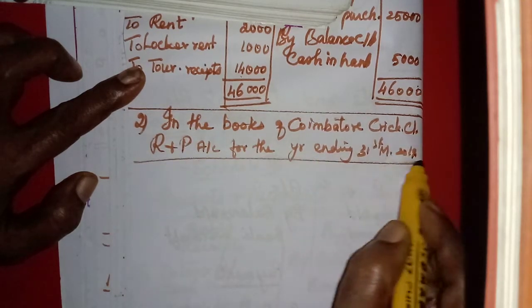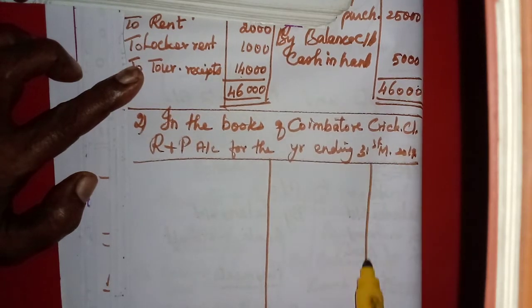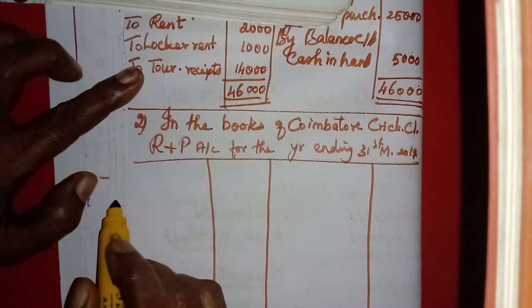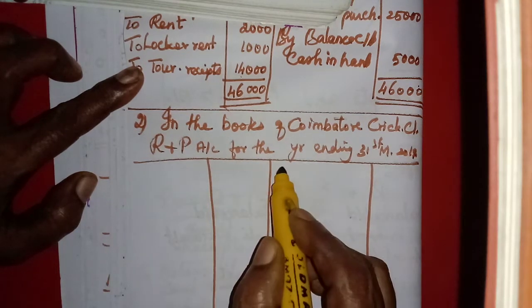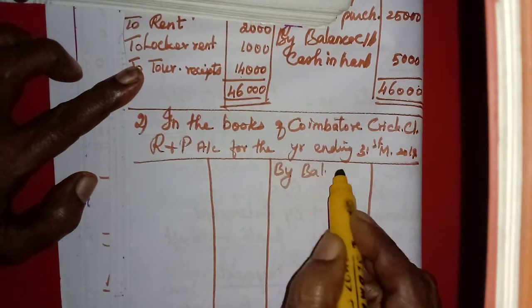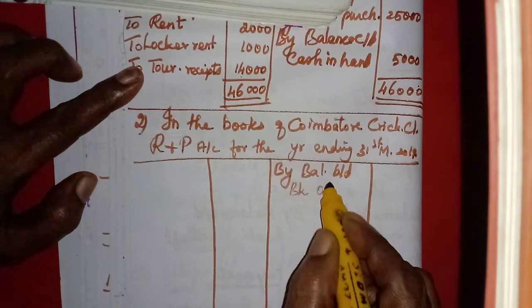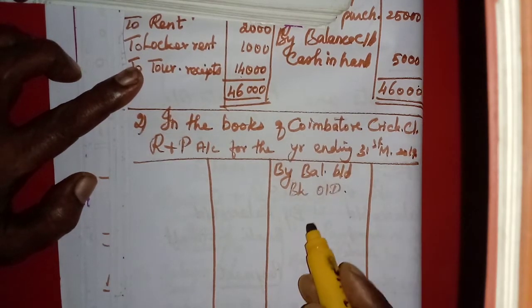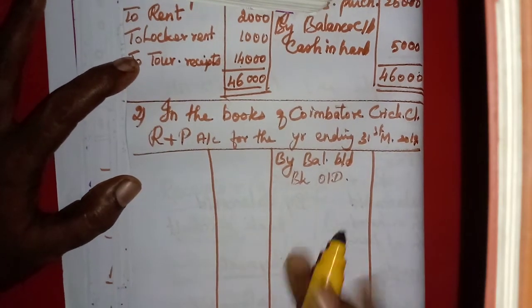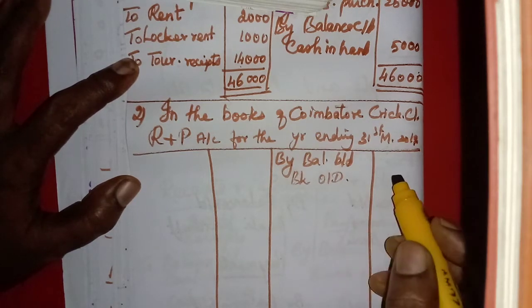What is the first item given? First item, bank overdraft. So here we should write, by balance brought down, bank overdraft. We have to write fully. Bank overdraft 6,000.